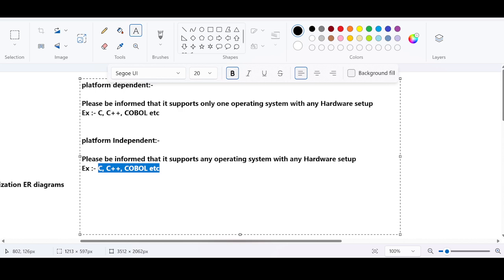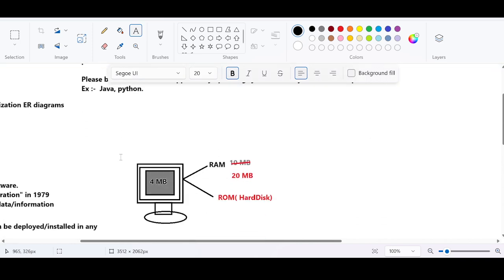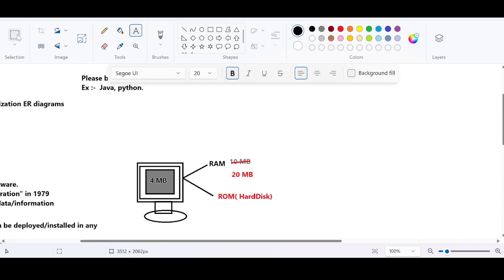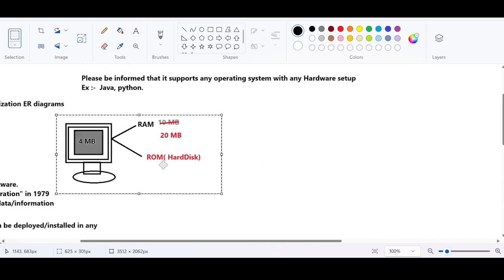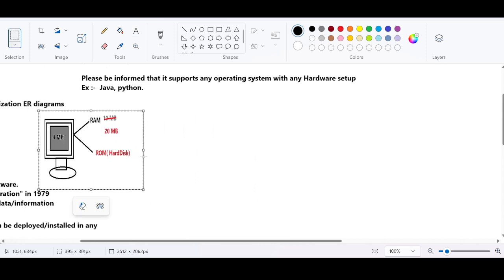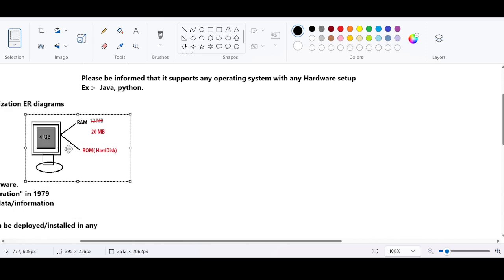Examples: Java, Python. That's it. That's it about platform dependency and platform independency. Let's push this as a detail. Okay. Now let us get into the actual topics.